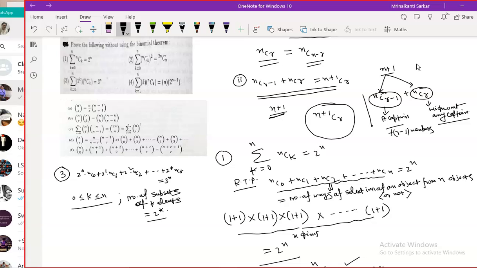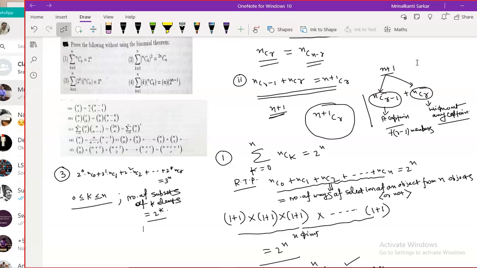Now there will be 3 different choices for this. What are the choices? For each of the persons selected, number 1, he is entering the committee and the subcommittee.